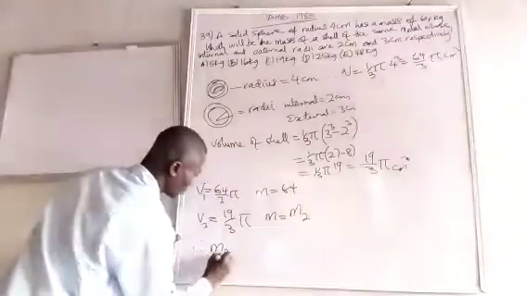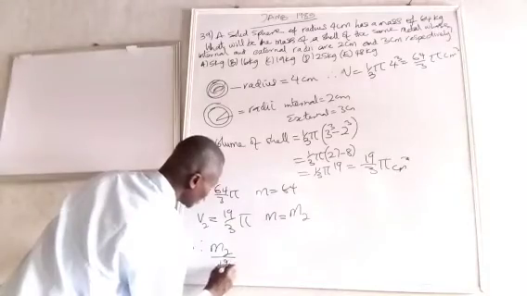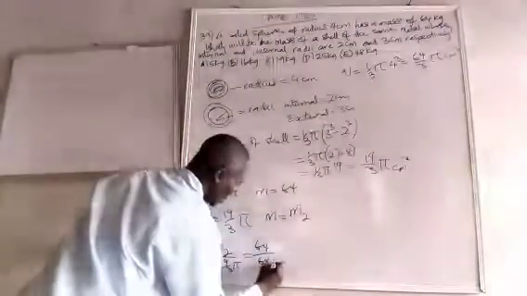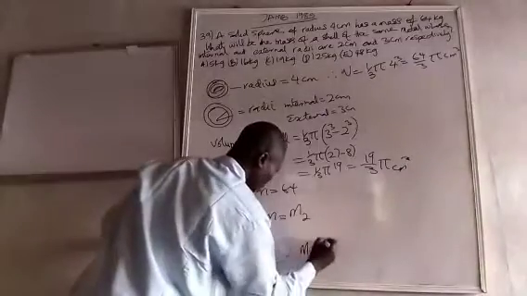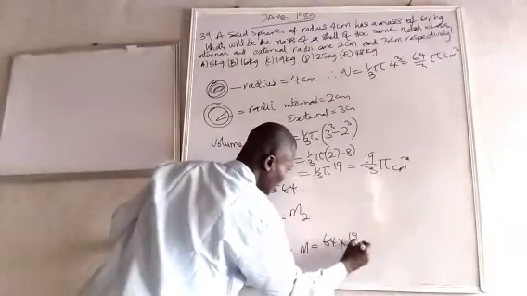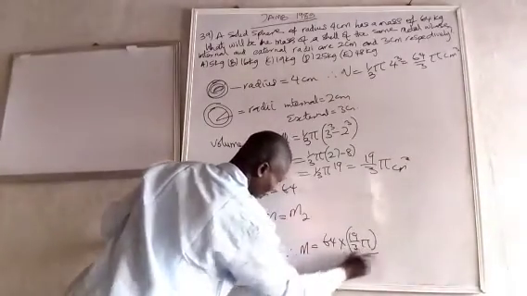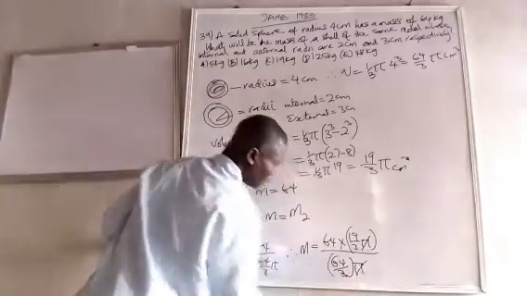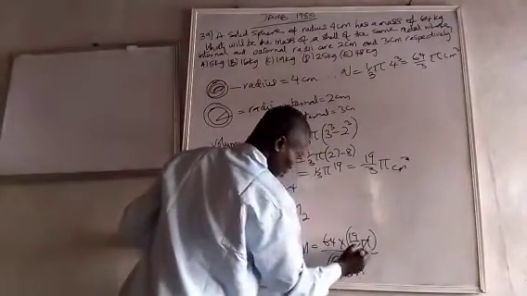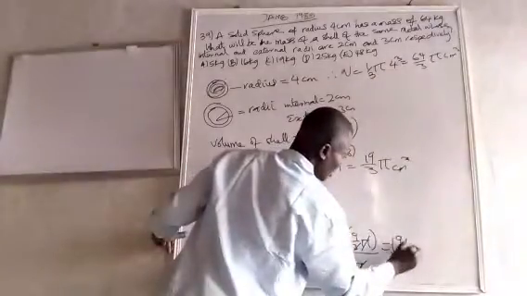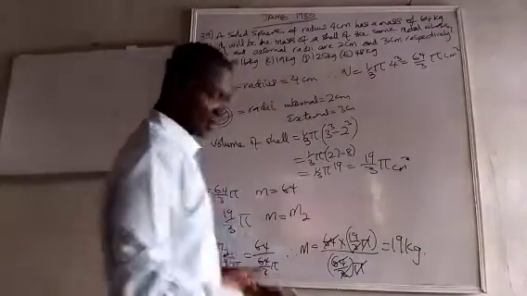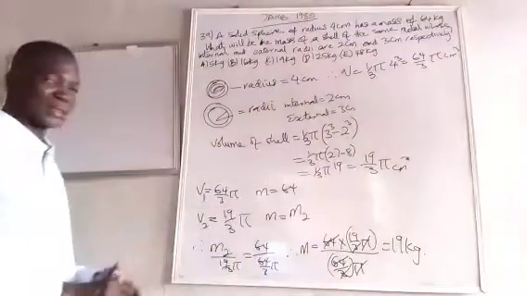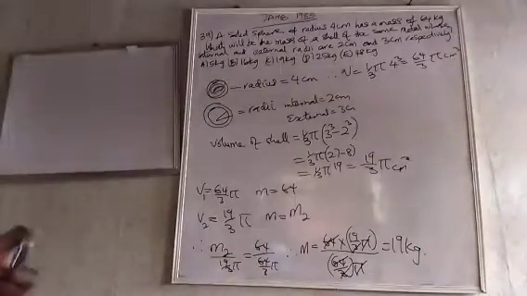Therefore, M2 over 19 over 3 pi is equal to 64 over 64 over 3 pi. Therefore, M2 will be equal to 64 times 19 over 3 pi divided by 64 over 3 pi. Now let's cancel. So this one is 19 kg. So the answer is C, 19 kg. You can easily cut this straight. You don't even need to get to this extent, but I did that to prevent questions.